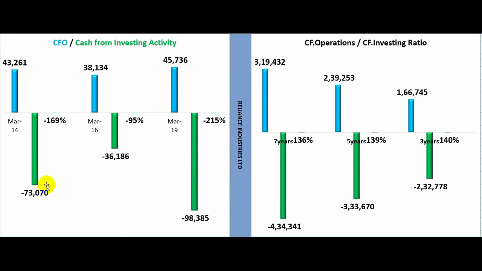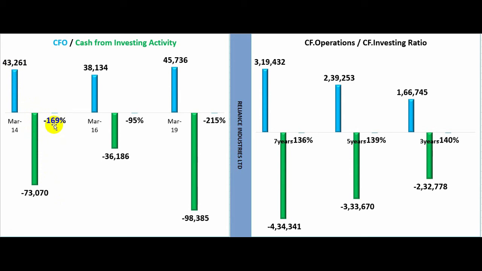Out of that, 73,000 crores. So not only has it invested 43,000 crores, over and above this, it invested more, totaling to 73,000 crores in buying of fixed assets. So that's 169% more cash going out than what was earned through operations in March 14. We don't want to see a value like this.